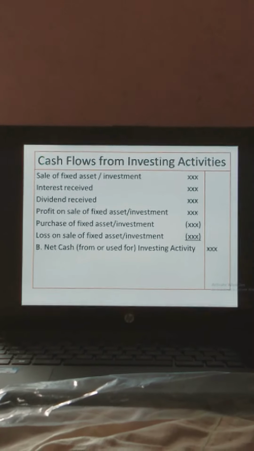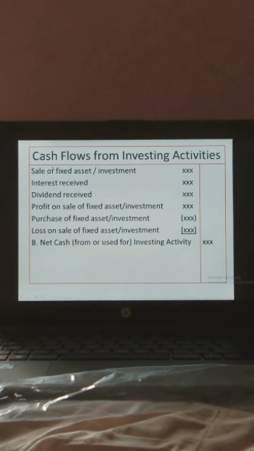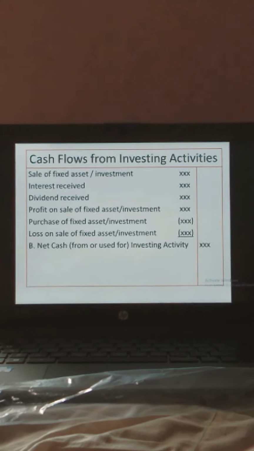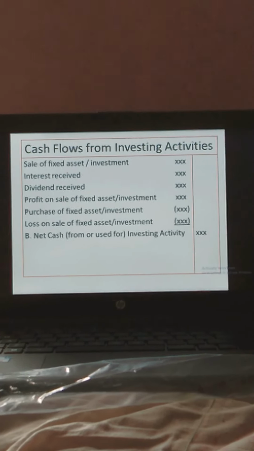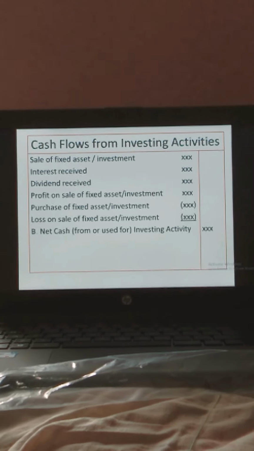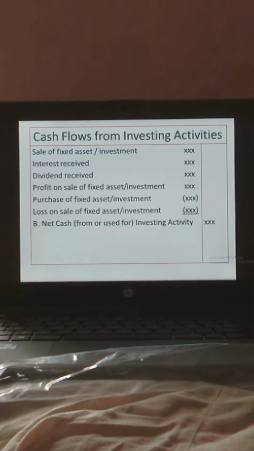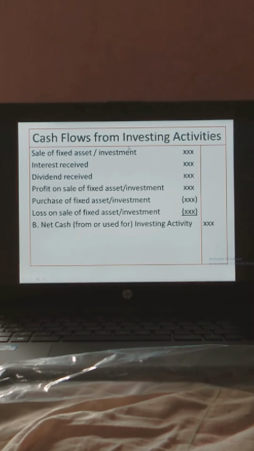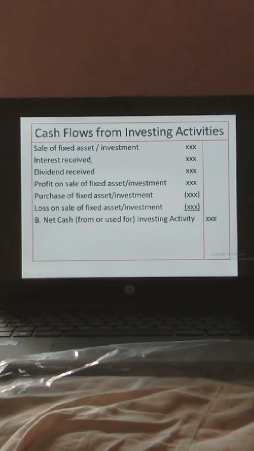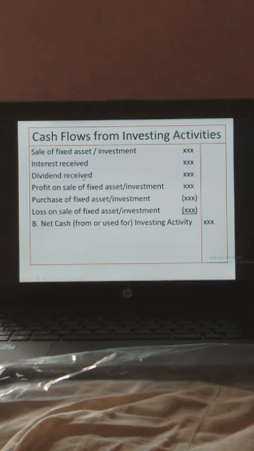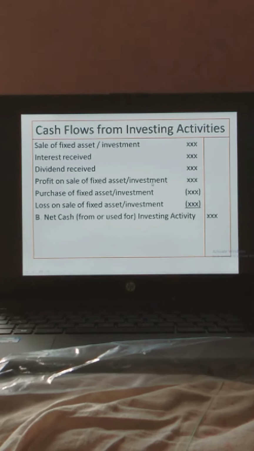Now cash flows from investing activity. Investing activity, as we have already discussed, is related to fixed assets as well as our investments. So what are the inflows of cash flow from investing activity? That is very important. Sale of fixed assets or investments, any interest received from our investments, any dividend received from our investments, and any profit on sale of investments or assets.